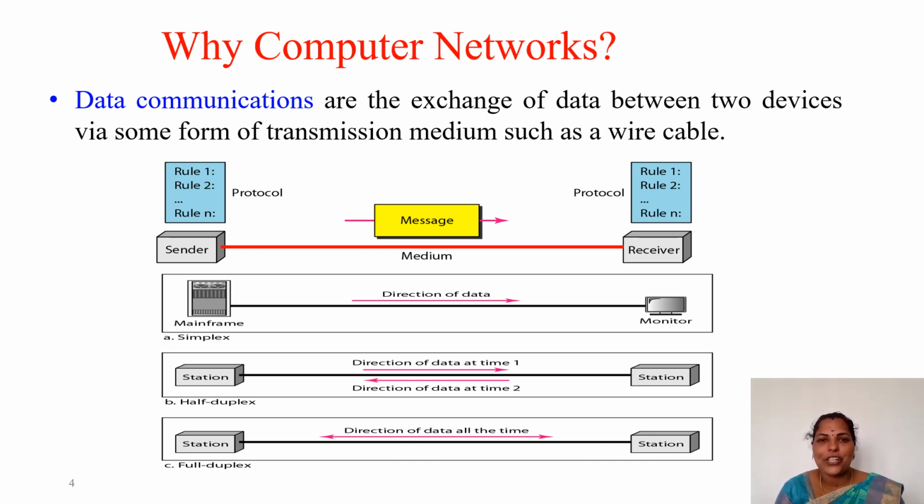And data communication means we are exchanging data between two devices via some form of transmission medium such as a wire cable. Nowadays we have wireless communication also. So here five components are involved in data communication. First one is the sender. If I want to send something to you, then only there is a need for data communication.